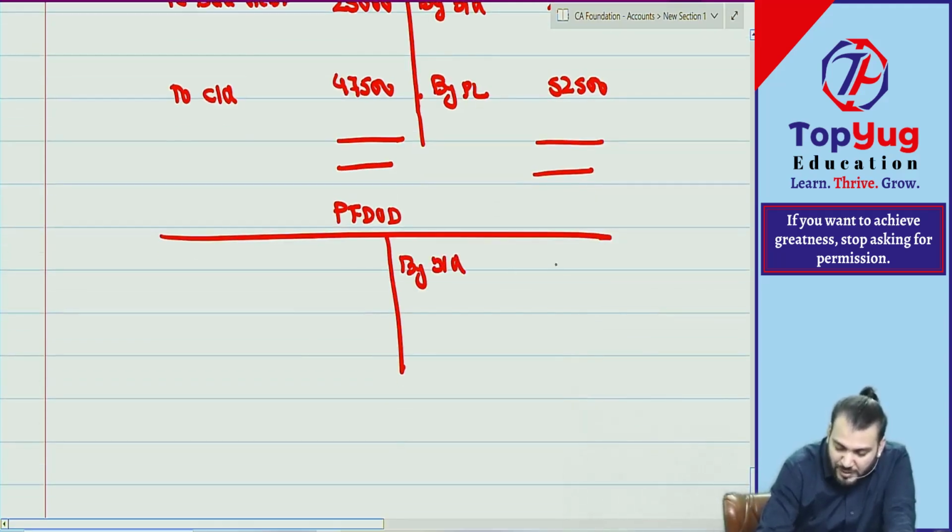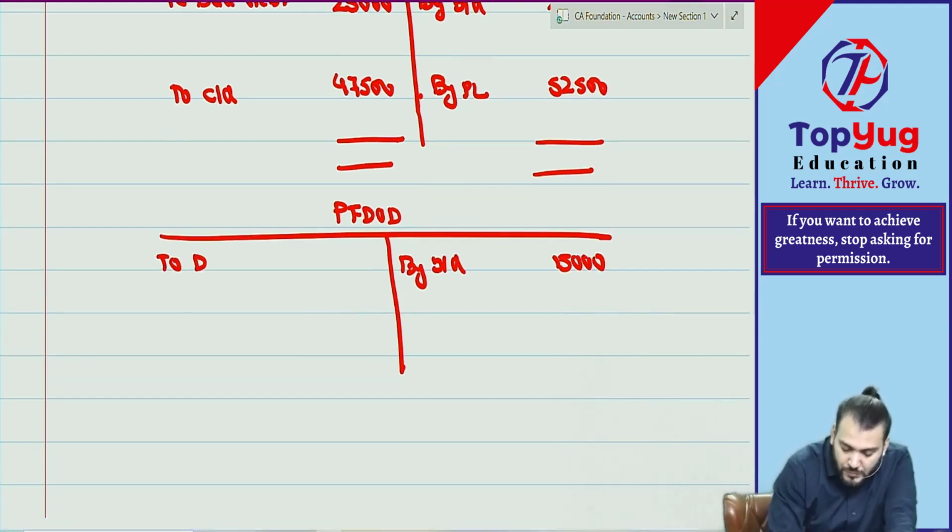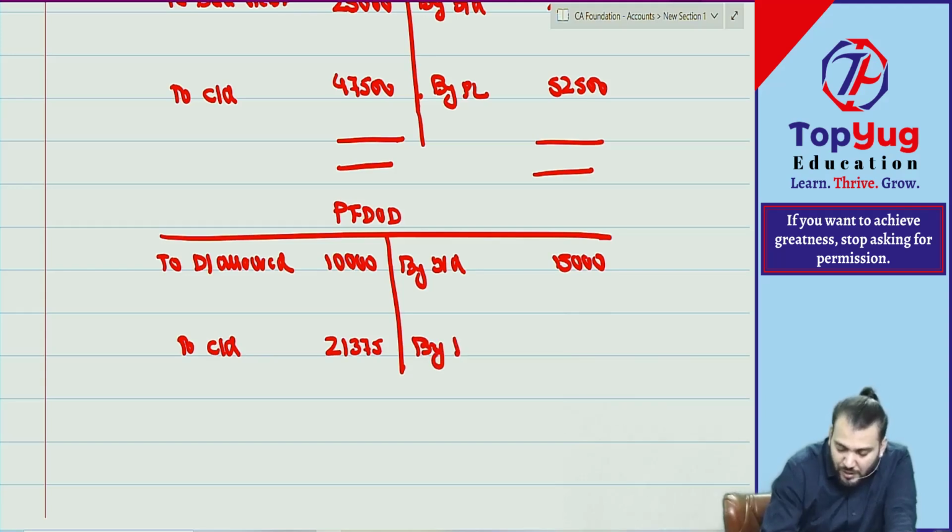Opening balance 15,000. How much discount allowed? Discount allowed how much? 10,000. Closing balance 21,003. Tell me how much in PL? 26,375.